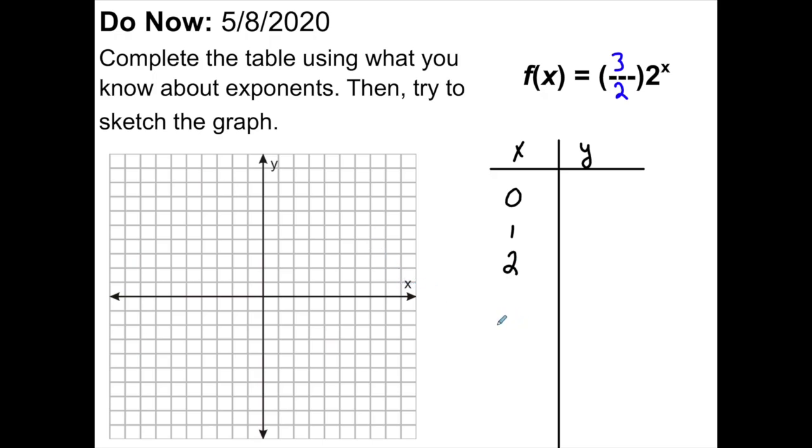So I also want to see -1, -2. And then you need to choose a third number of each for your own. It could be like a number and its opposite. That's totally fine, but you need to add another number of your choice. All right. So please take a second, pause the video, fill in the table, create a graph from the table, and then when you're ready, unpause, and I'll show you what I got.